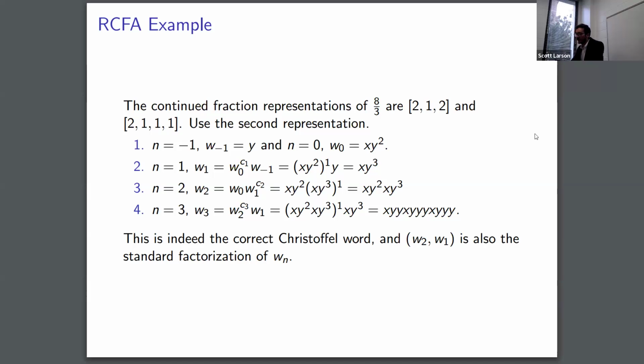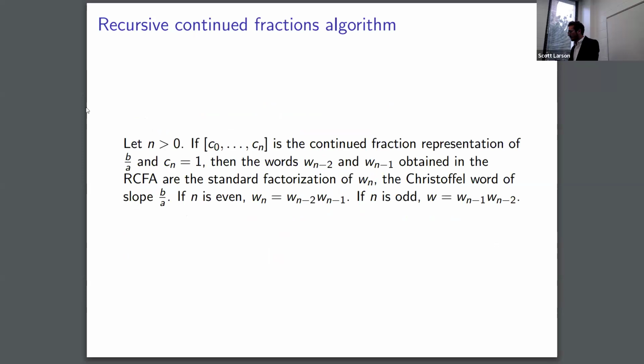So that's another nice property of this: you can find standard factorizations using this specific representation. That's what this slide says. The ordering of which convergent words you use changes based on if n is even or odd, but it's the same idea.